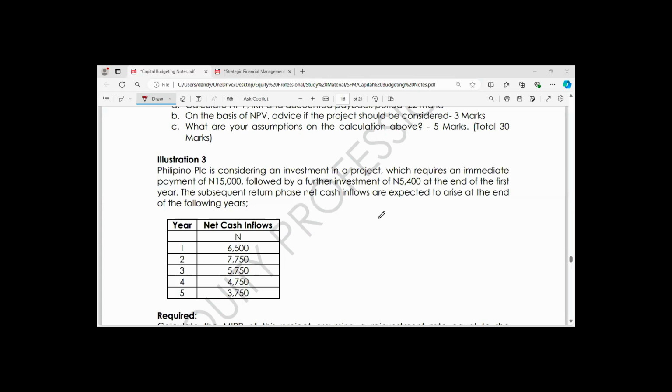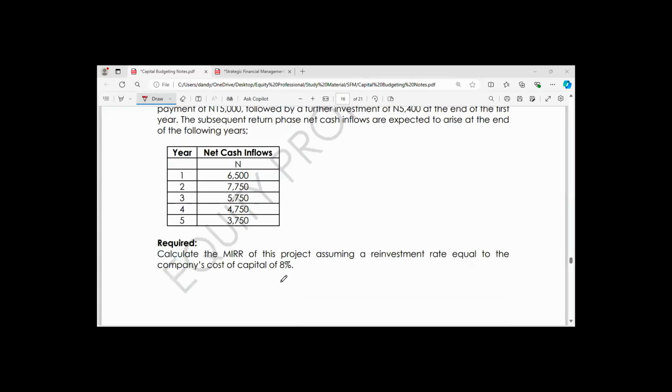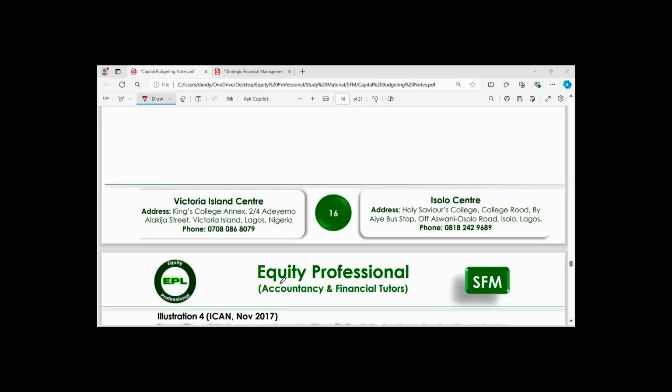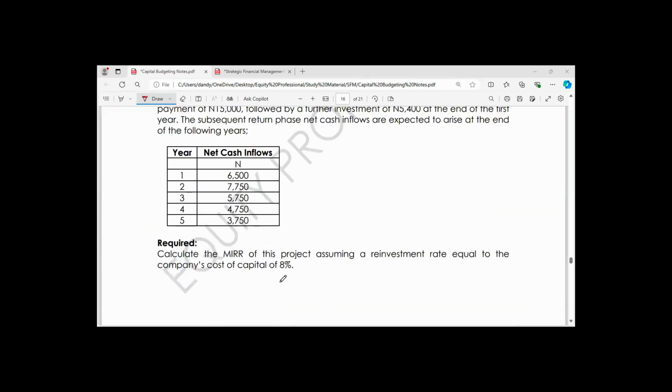The subsequent return phase net cash inflows are expected to arise at the end of the following years. Required, calculate the modified internal rate of return of this project, assuming a reinvestment rate equal to the company's cost of capital of 18%. So that is the question.